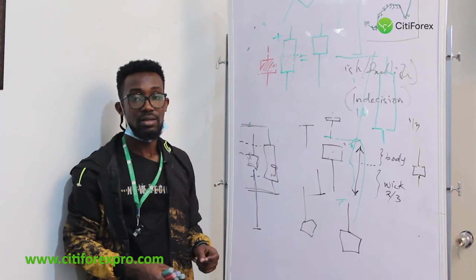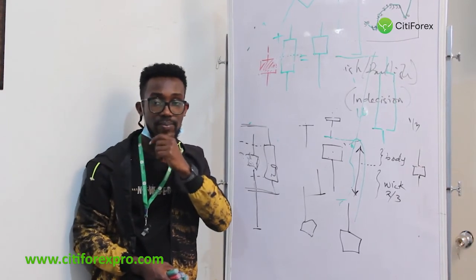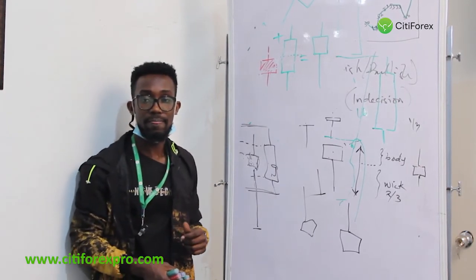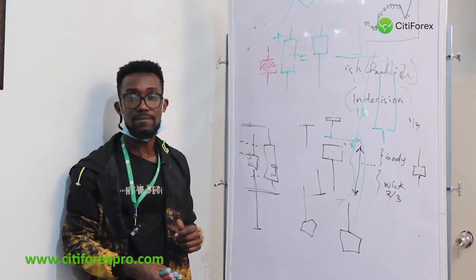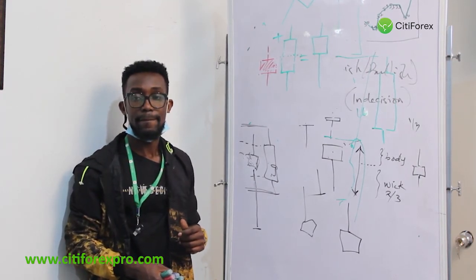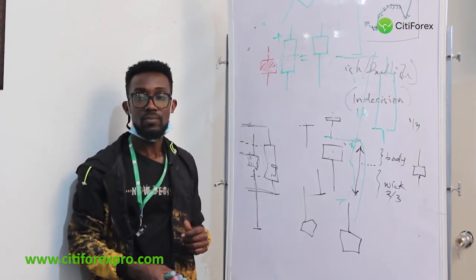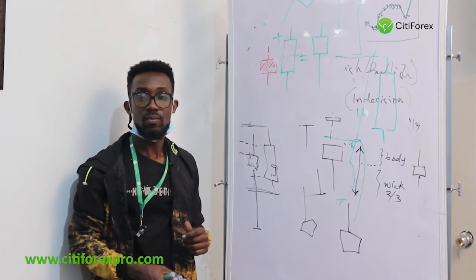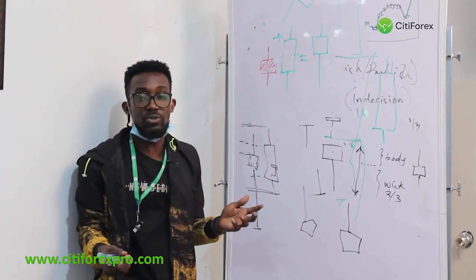So for every time I open my chart, is my first assignment or my first projection to create my trend line, or what's it called? It depends on what you're using.